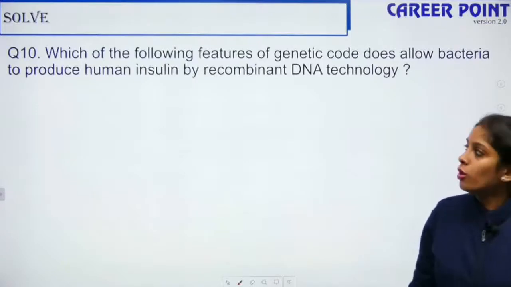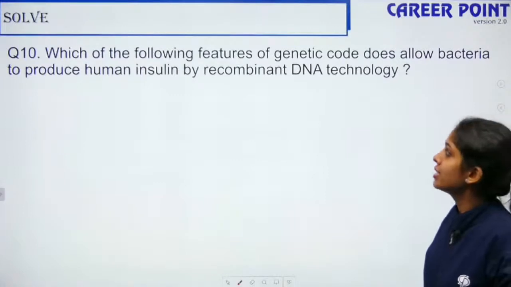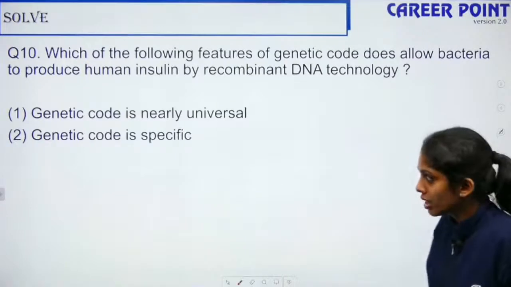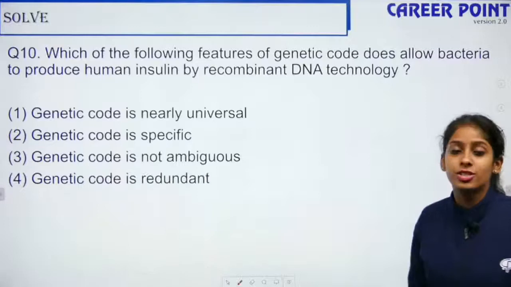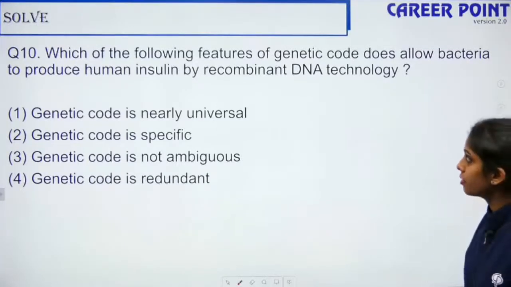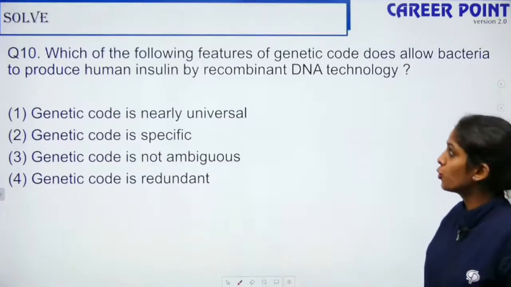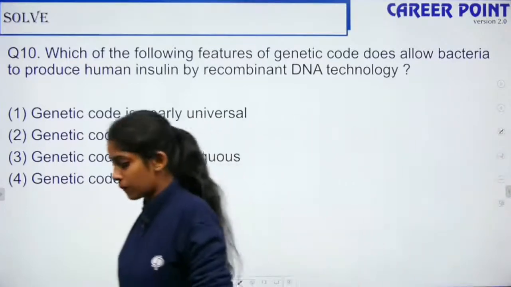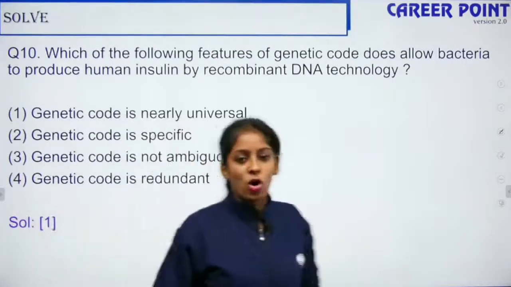So question 10. Which of the following features of the genetic code allows bacteria to produce human insulin by recombinant DNA technology? Genetic code is nearly universal, genetic code is specific, genetic code is non-ambiguous, and genetic code is redundant. Yes, genetic code is universal.